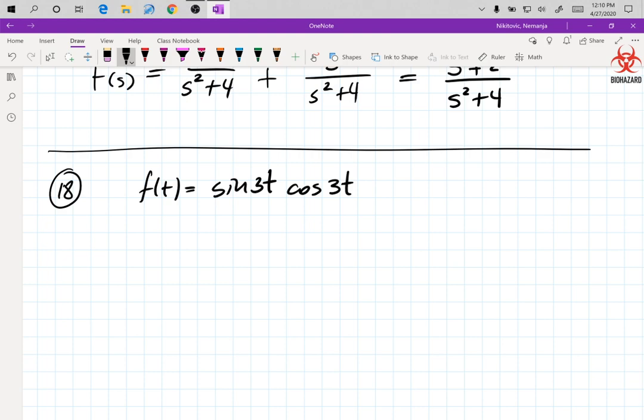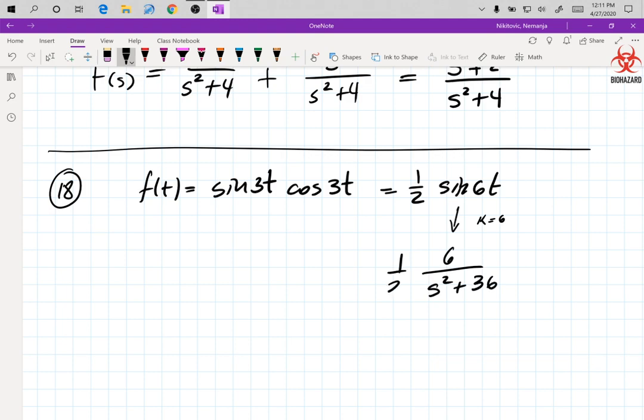So how do you actually solve this problem? You solve it using a basic pre-calc 2 trig formula. You compress this into 1/2 sine 6t using a basic double angle formula, because sine 2u is equal to 2 sine u cosine u. Then your sine transforms with a k, which is now 6, so it's 6 over s squared plus 36.